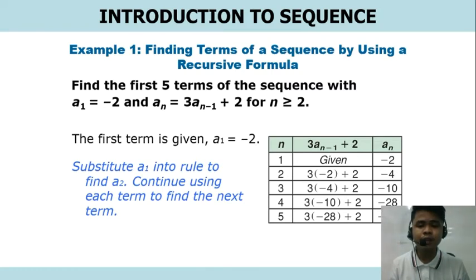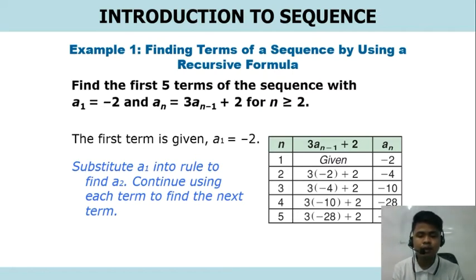And to find the fourth term, we need the value of the third term, which is negative 10. What we will do here is that we will substitute negative 10 to A sub n minus 1. So, it will become 3 times negative 10 plus 2. 3 times negative 10, it is equal to negative 30 plus 2. It is equal to negative 28.